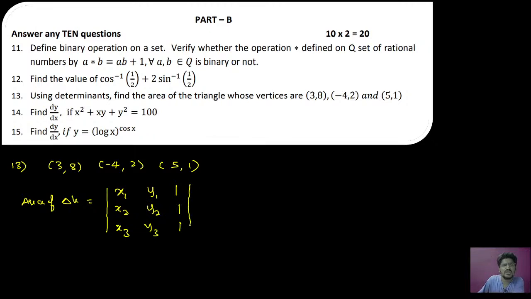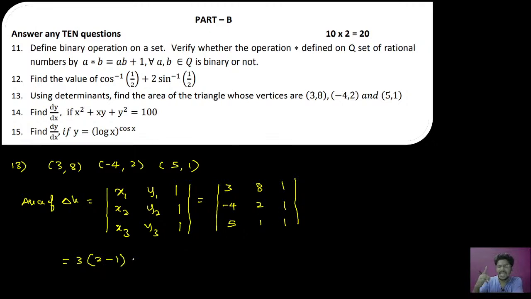Now let us simplify it. This will be the determinant of 3, 8, 1; minus 4, 2, 1; 5, 1, 1. So that will be 3 times (2 into 1 is 2, minus 1 into 1 is 1).